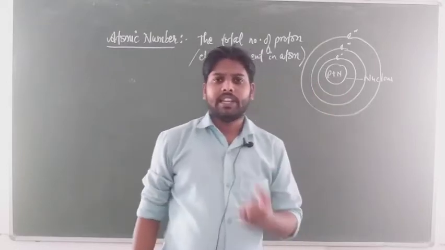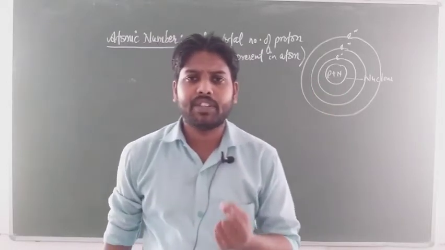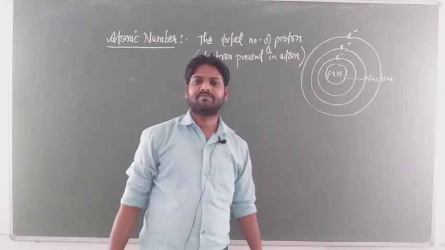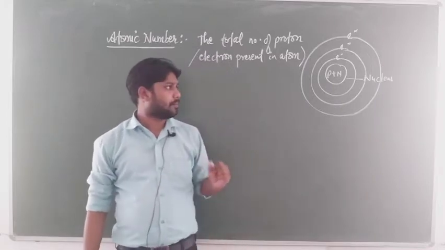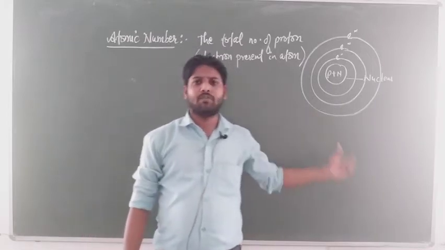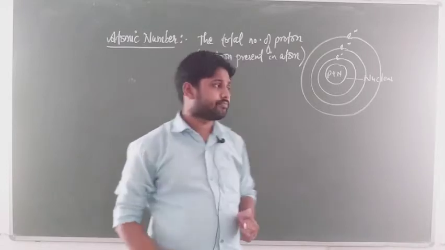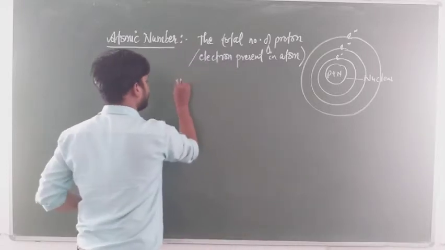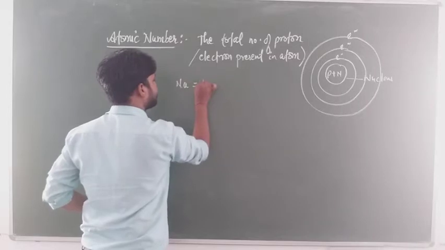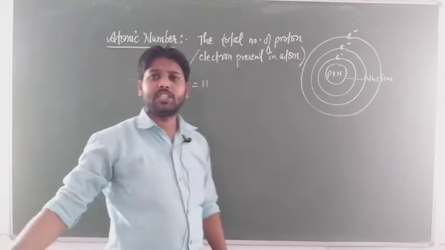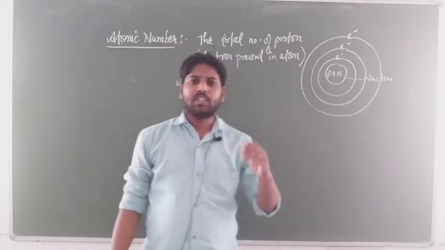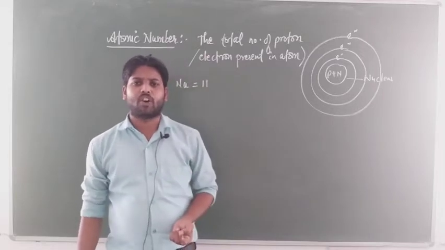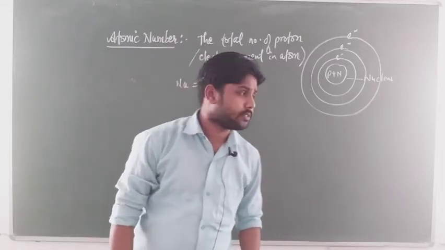Only the electrons take part in the chemical reaction. For example, if sodium wants to become stable, then sodium tries to lose one electron and form a positive charge.